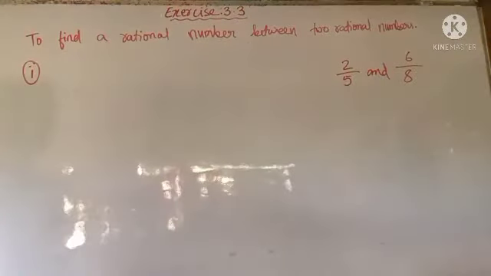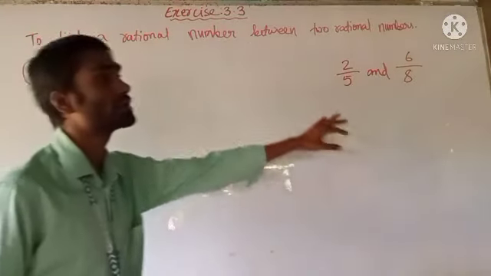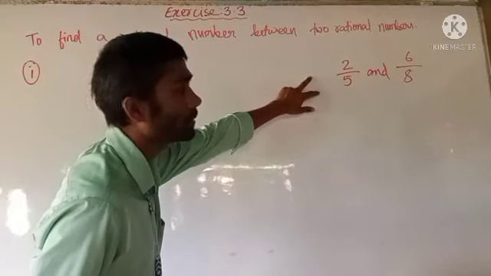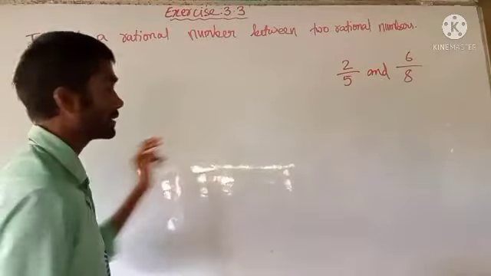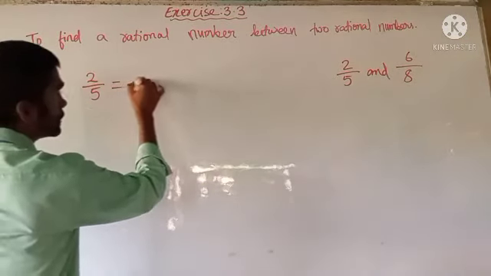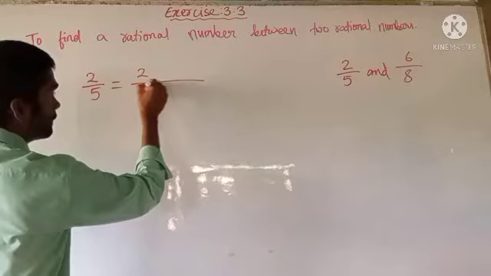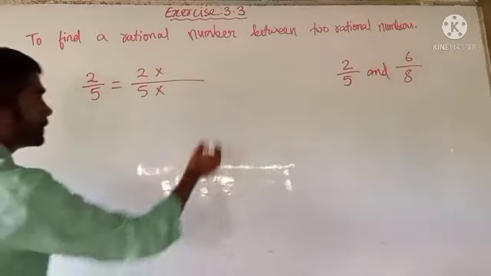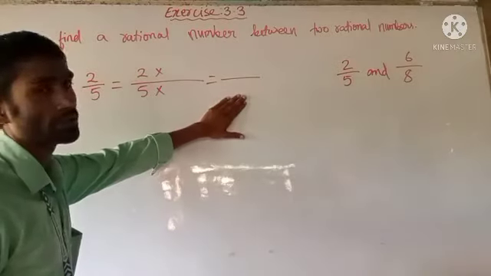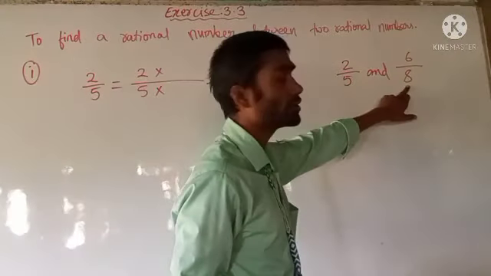Now, how we can find these rational numbers is by converting them into like rational numbers. For 2 by 5, if we are converting this into a like fraction, then what should be the denominator? Here we can see that 8 is the other denominator.